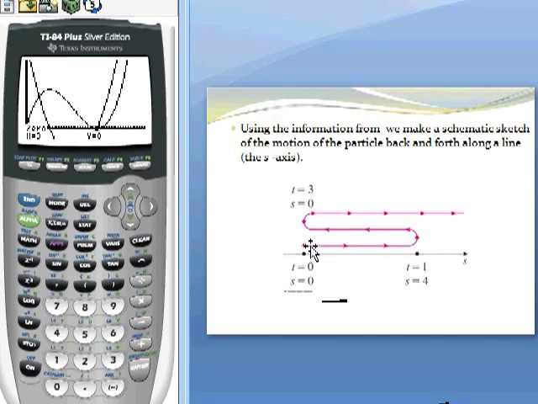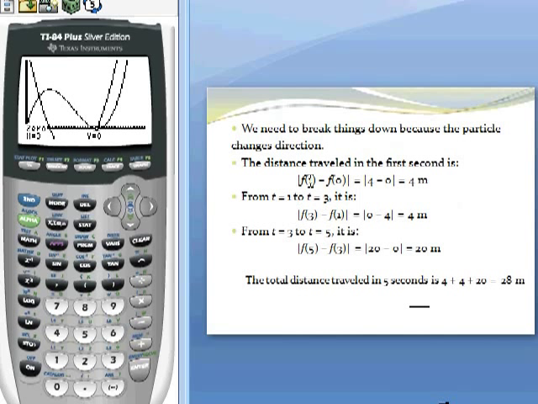At 0, I go and calculate s of 0. At 1, s of 1. At 3, s of 3, and so forth. It actually does this. If I'm looking for the total path, and all that happens in the first 5 seconds, like the question is asking, I have to take the absolute values, go and calculate f of 1 and f of 0, and subtract and give a positive number.